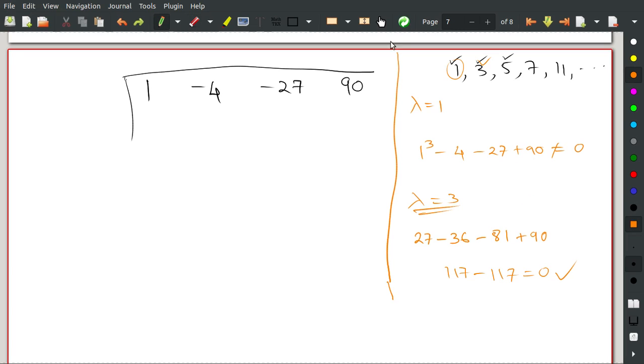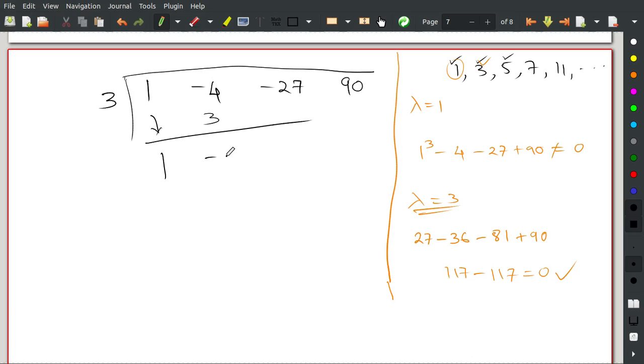So if we put 3 here and try to divide, this 1 cannot be divided by 3, so we simply bring it down. So 1 into 3 is 3, and we add these two terms.